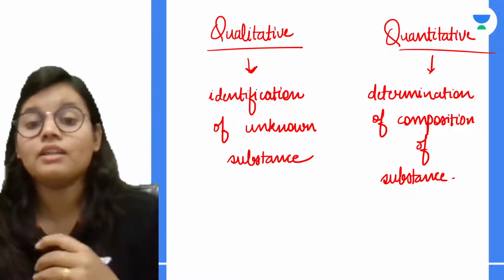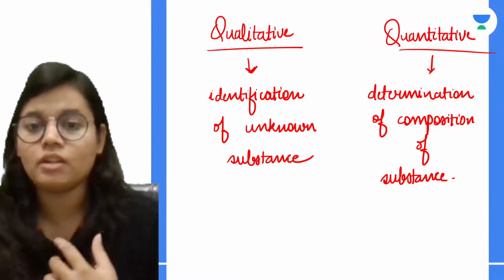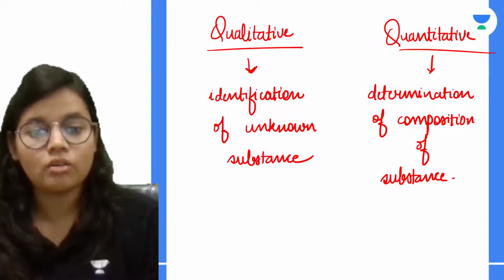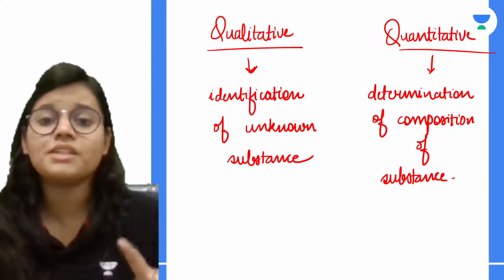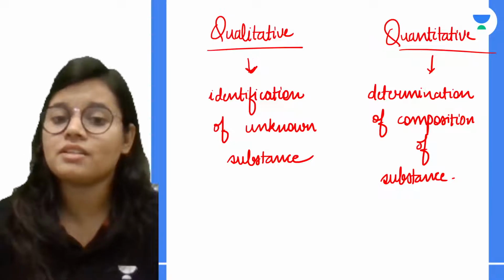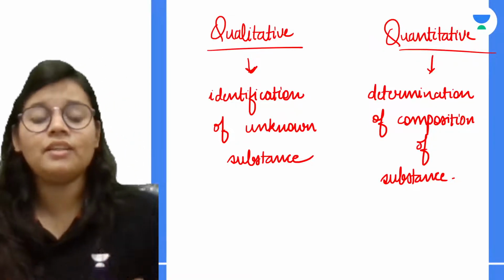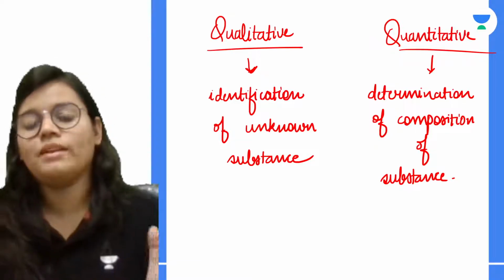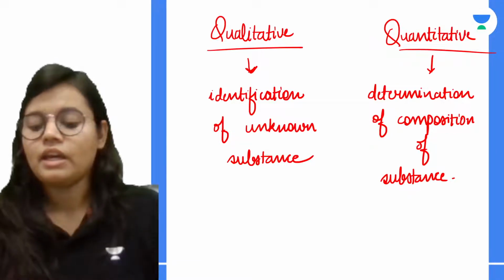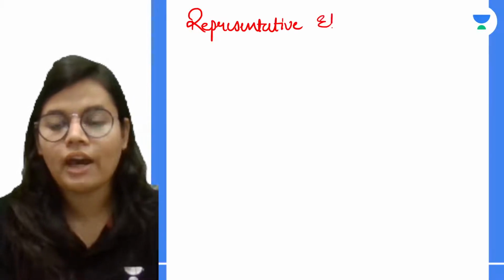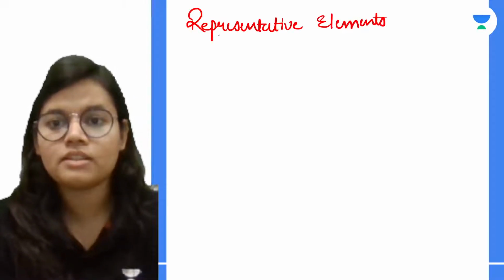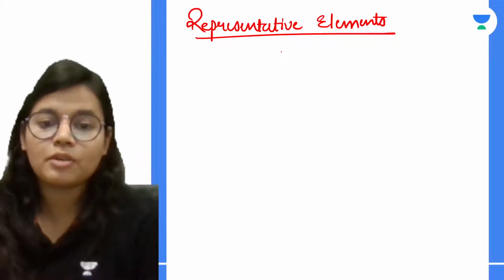Okay, then if I give you a salt, for example, copper sulfate, and I'm telling you, you have to find out which type of cation is present here. So we do various types of tests, and then we find out that it contains so and so ion. Okay, now if I talk about some of these salts of representative elements. Now, I hope everyone knows where representative elements are present in the periodic table.